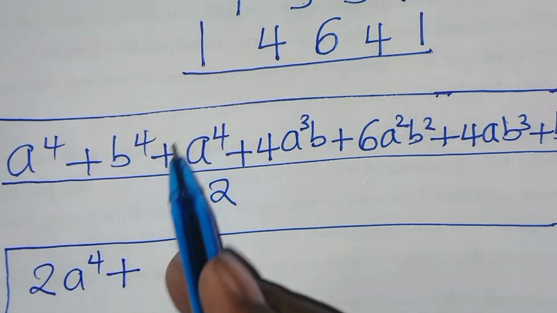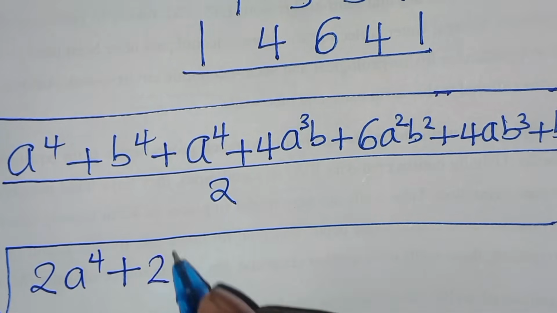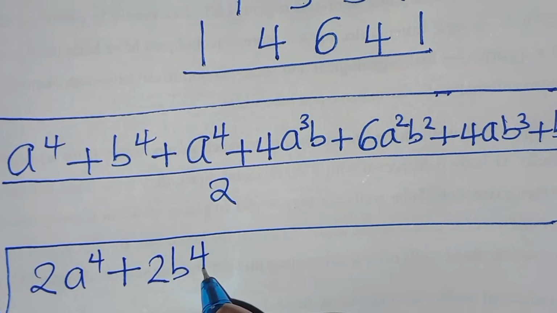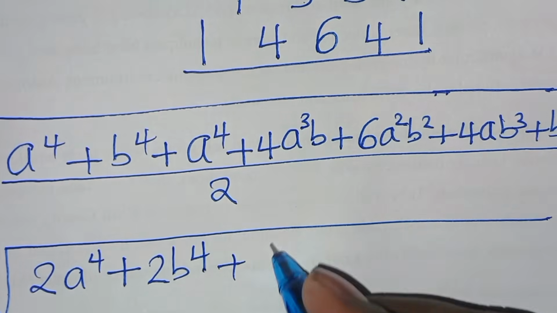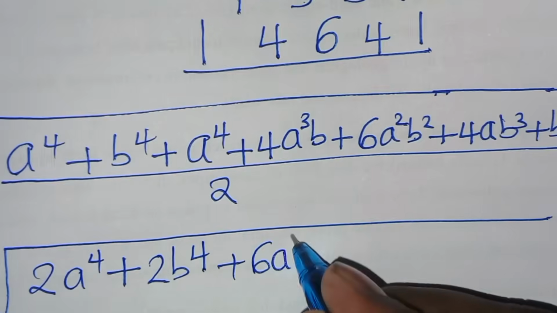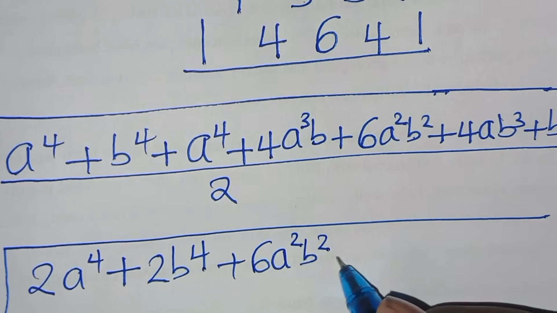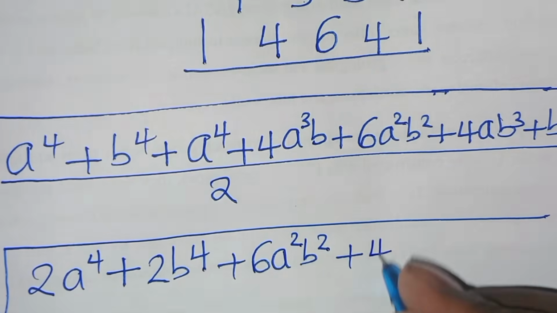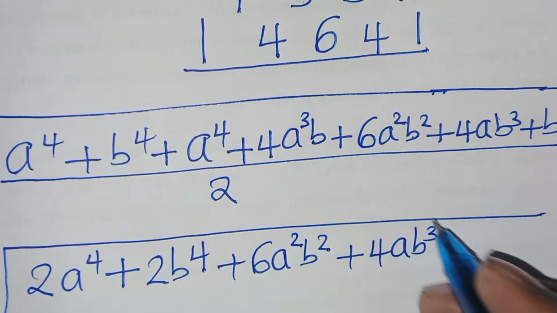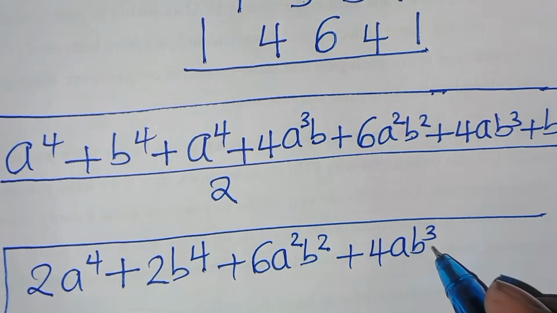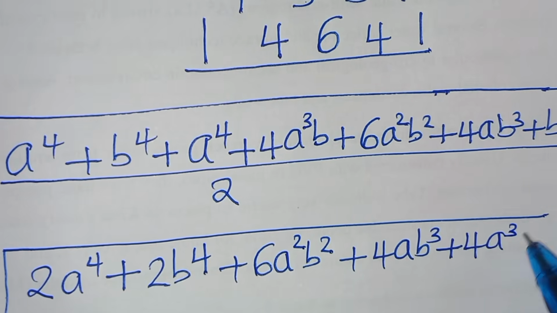Then plus B to power 4 plus B to power 4, this is 2B to power 4, and then plus we have 6A squared B squared, and then plus we have 4A B to power 3, and then we have 4A to power 3 B.